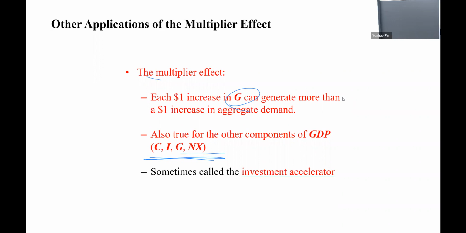So all of this is called the multiplier effect. Not only G, but also all components or elements here. The multiplier effect is also called the investment accelerator.